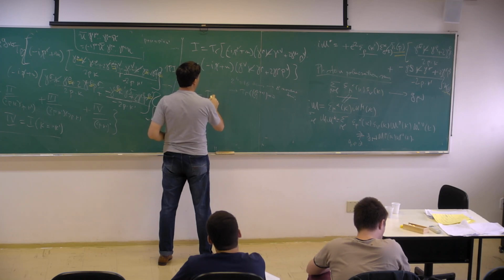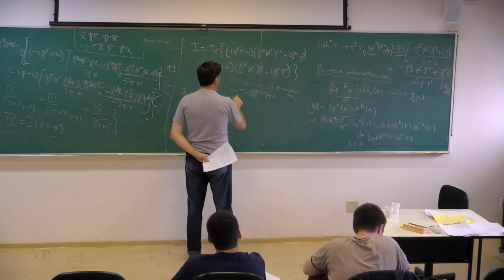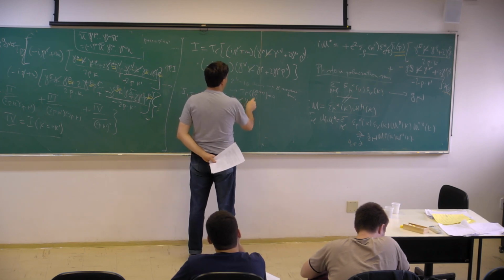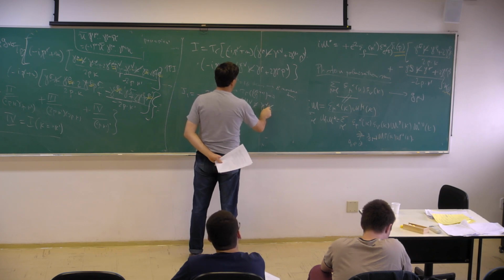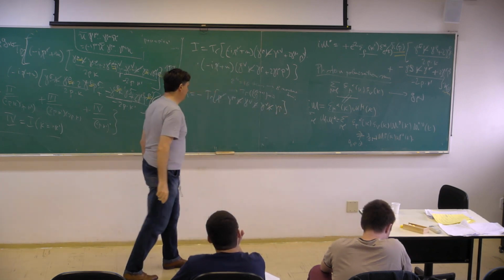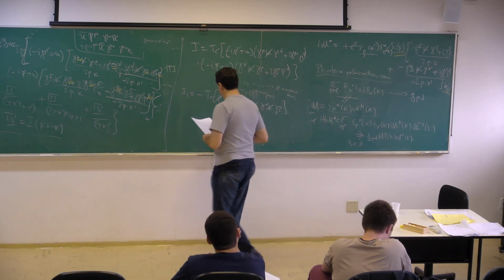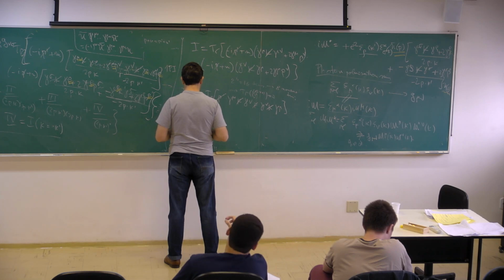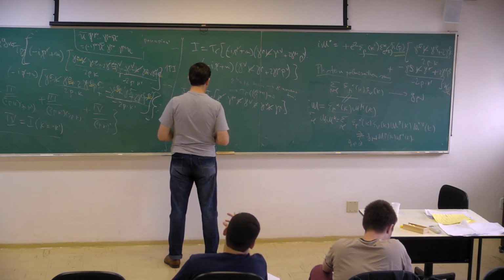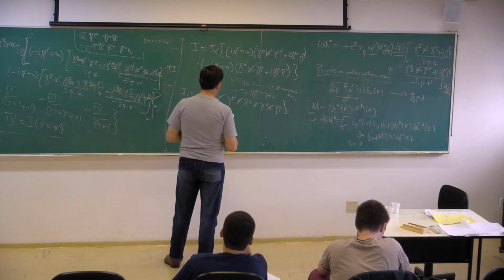So minus trace p prime slash gamma mu k slash gamma nu p slash gamma mu k slash gamma mu. Okay.